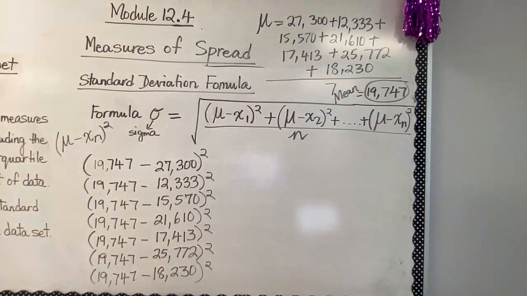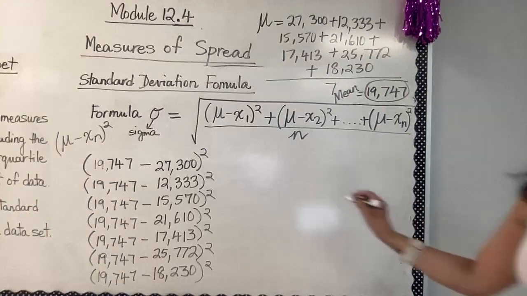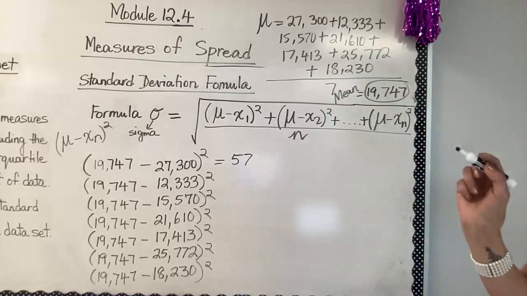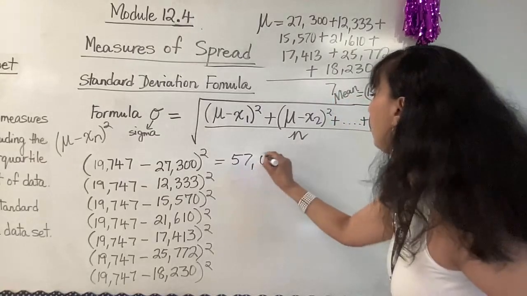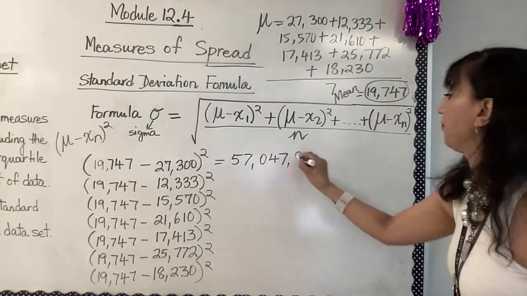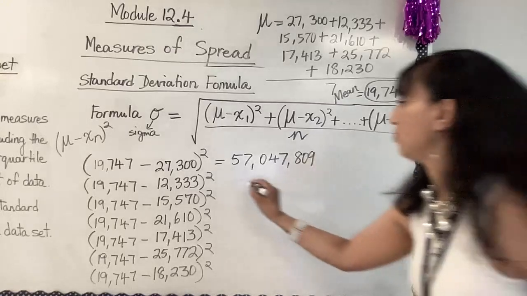That's the part that I am working on. Once I do this, I use my calculator and I get these numbers: 57,047,809. That's for the first one.